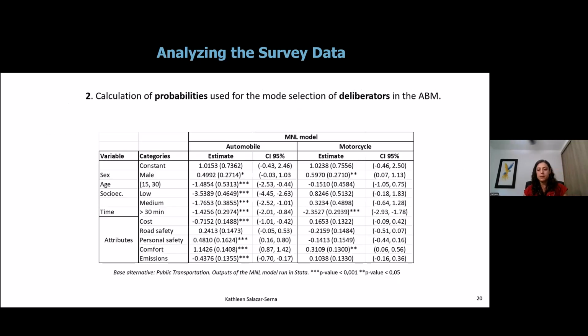But also, based on this logit model, we calculated the odds ratios based on the estimates, and this is being used as the probability for those deliberators. The decision-maker group that is deliberating in the model is selecting the transport mode by probabilistic distribution, and then we are using those probabilities from the multinomial model.